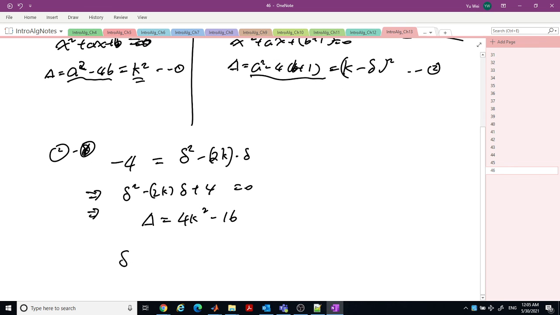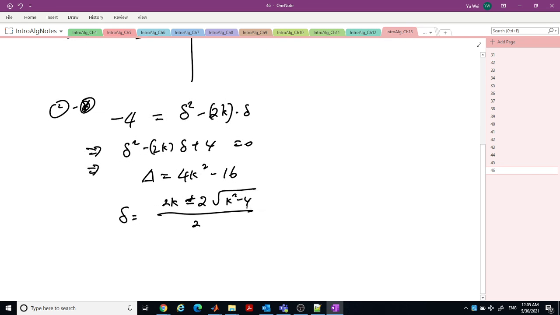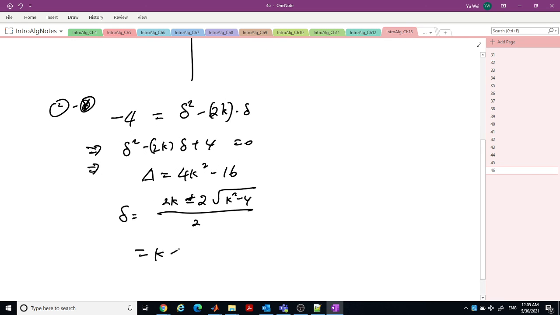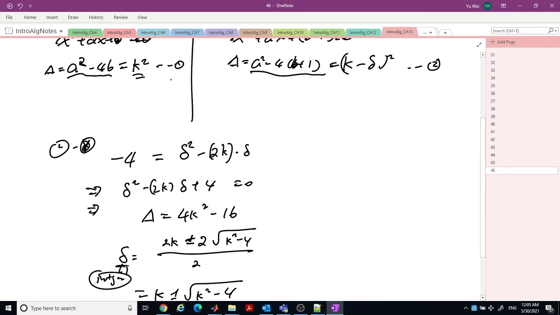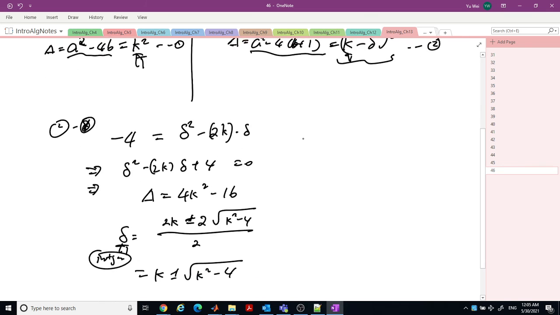So delta will be equal to 2k plus minus 2 times the root of k squared minus 4, over 2. So it equals k plus minus the root of k squared minus 4, because this must be an integer, right? k is an integer, and we also need this one to be an integer. That's why delta is an integer.